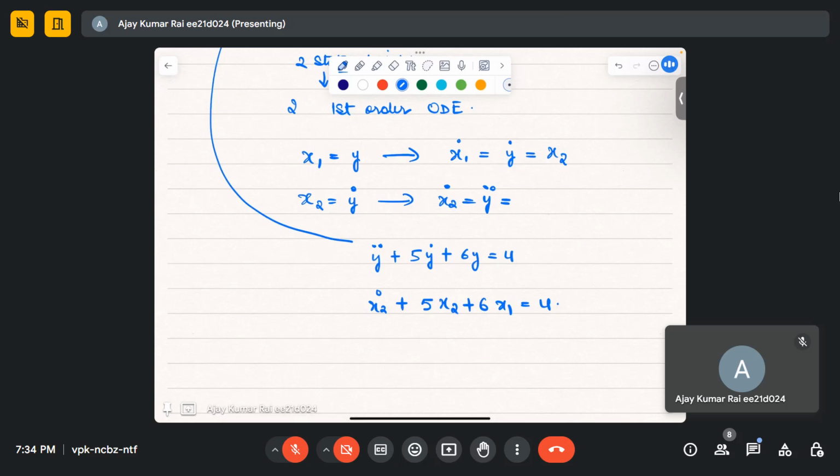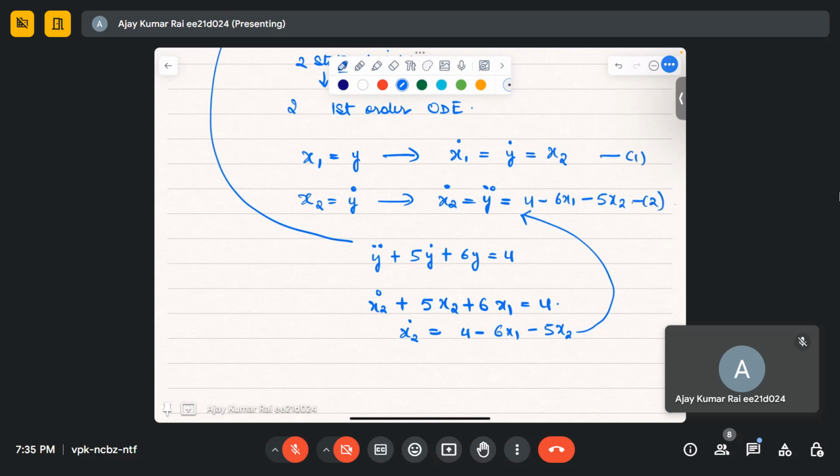So what is x2 dot? It is u minus 6x1 minus 5x2. So this is equation 1, this is equation 2.